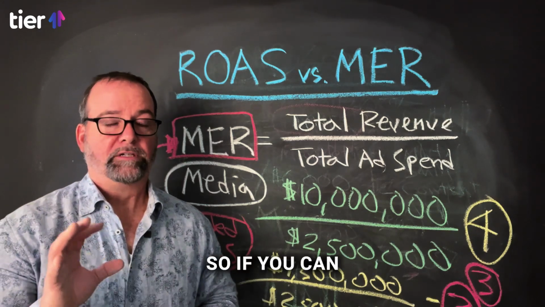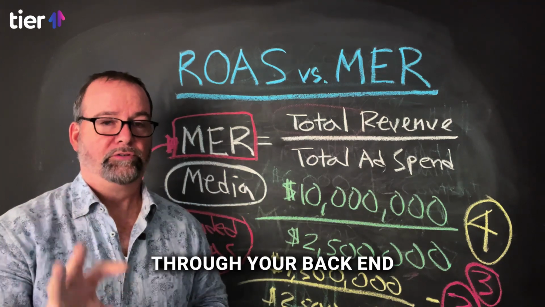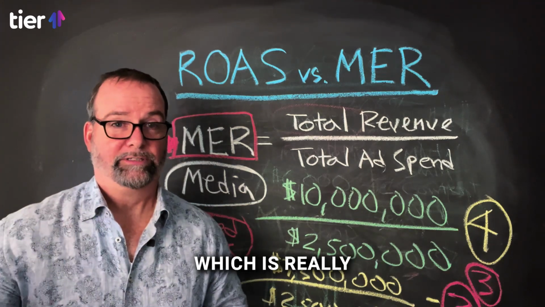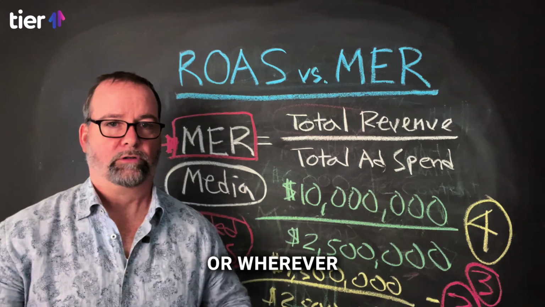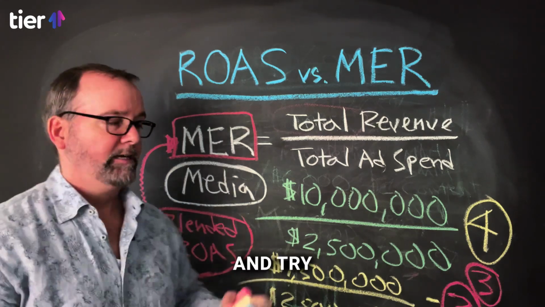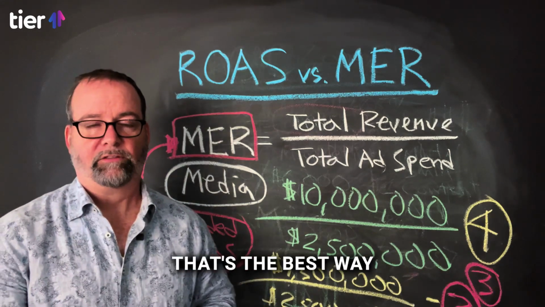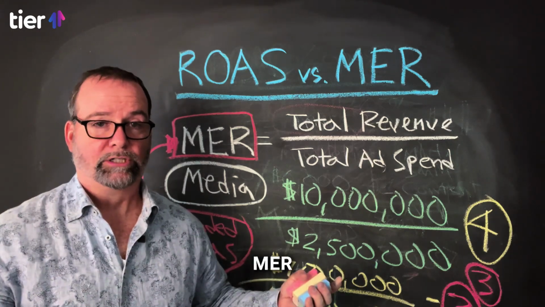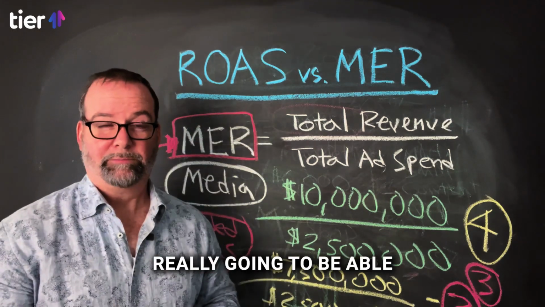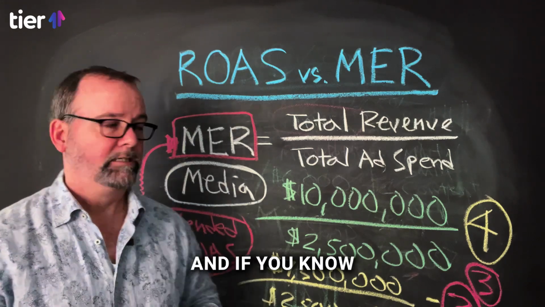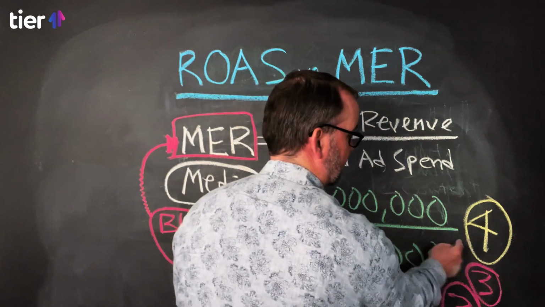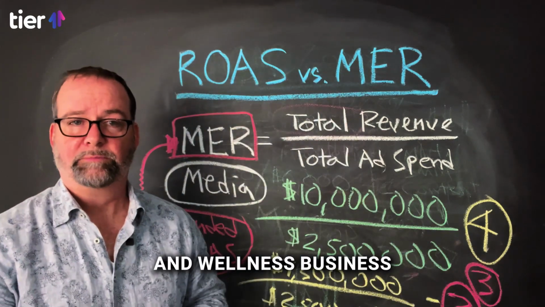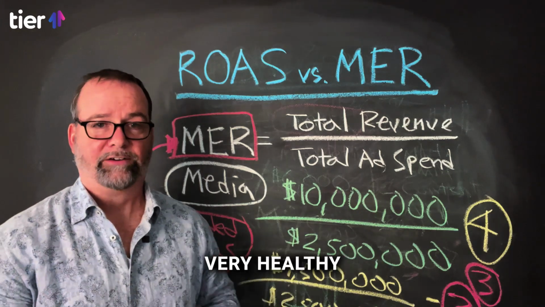So if you can break this down through your back end, which is really your CRM or your Shopify store, wherever your source of truth is, and try and break it down by individual channel, that's the best way to look at ROAS. However, MER is the way that you're really going to be able to determine the health of the business. And if you know what that number is, like in our beauty and wellness business, they know a 4 is very healthy.